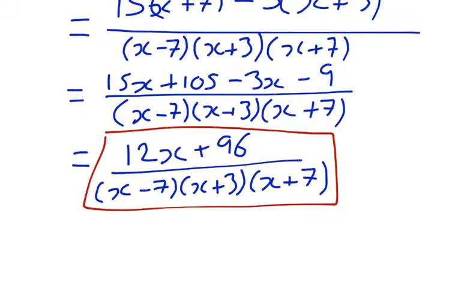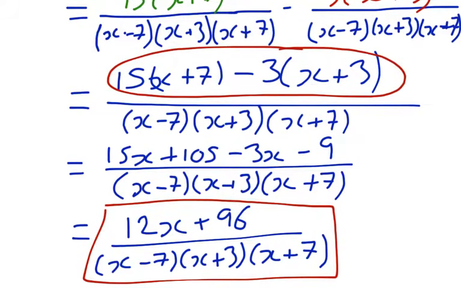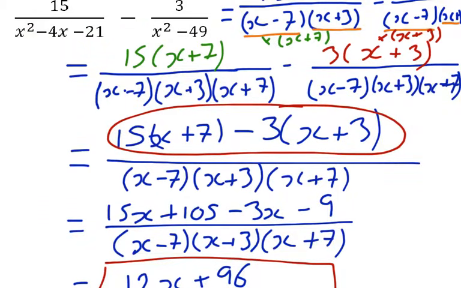There is one thing to note that's very important here, which is at this stage, where we combined the two fractions. If we had multiplied out the fraction first, then we would have got 15x plus 105 minus 3x plus 9 on the second fraction.